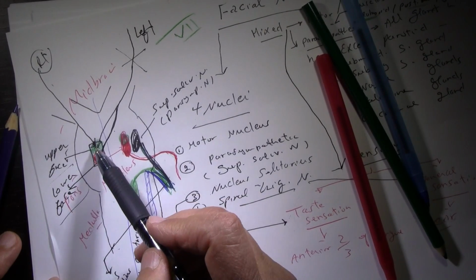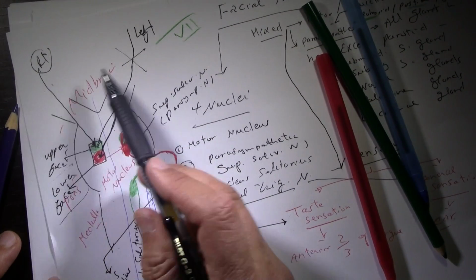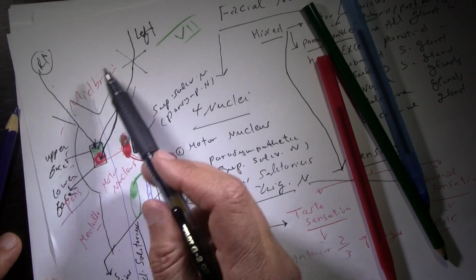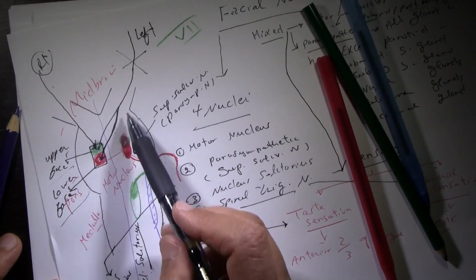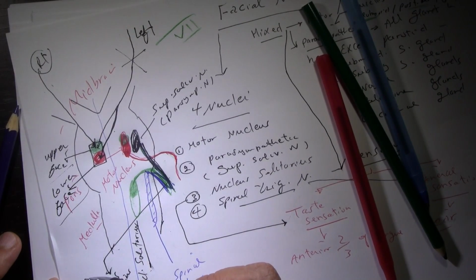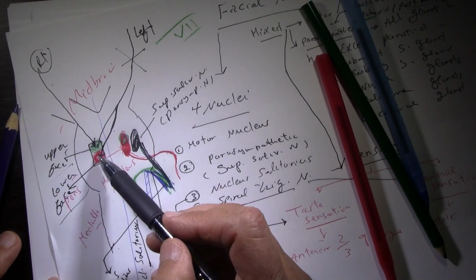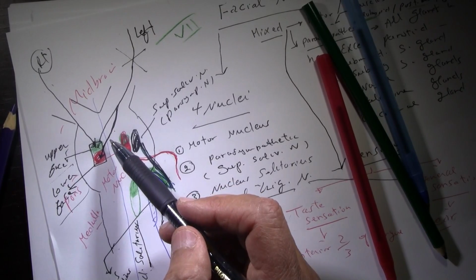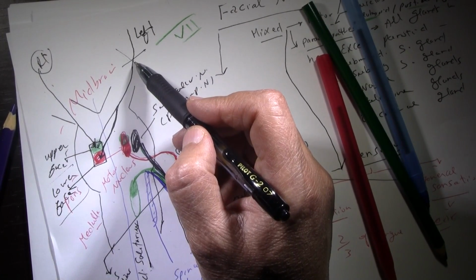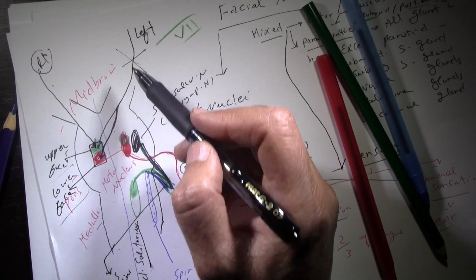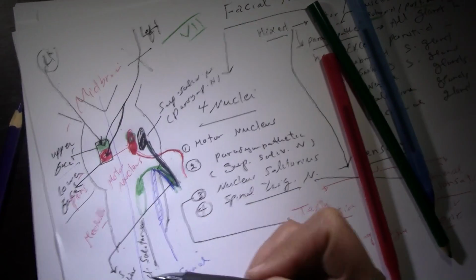The one which is controlled by the two cerebral hemispheres, the two motor cortex, or the one which is controlled only by the opposite side? For sure, the one which is controlled by one side. So if the left side is affected, left cerebral hemisphere affected, so lower face is affected.